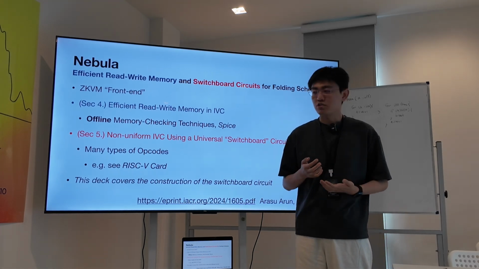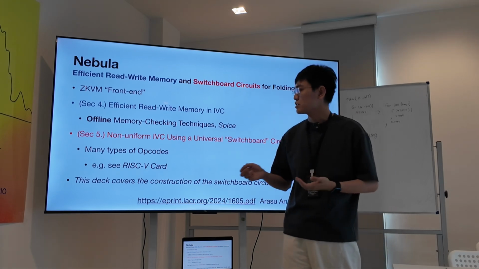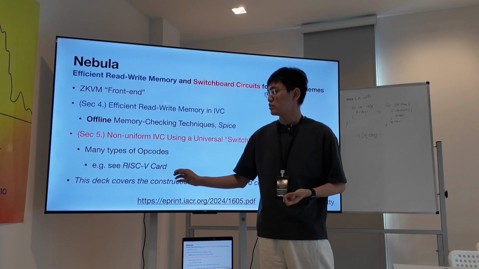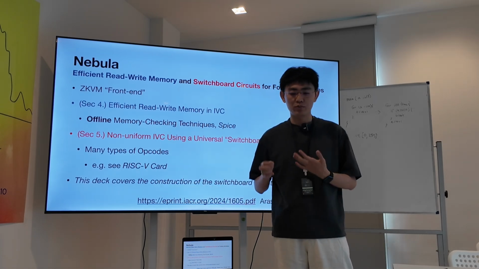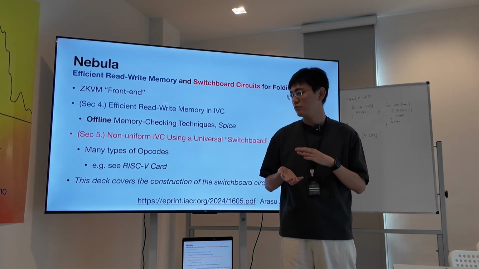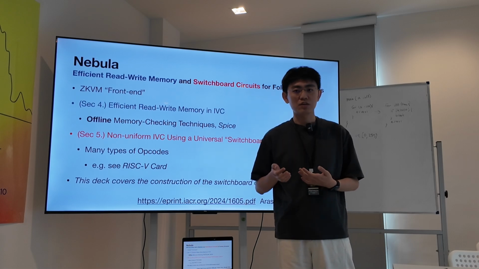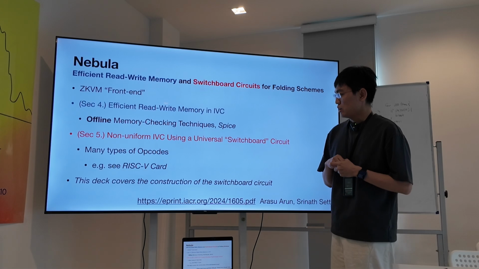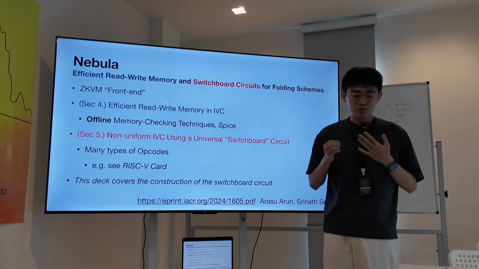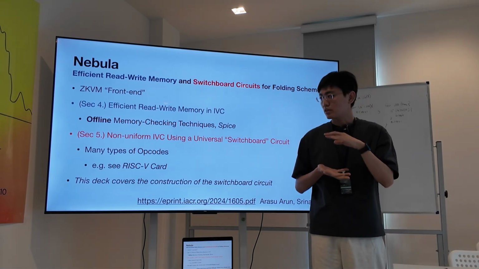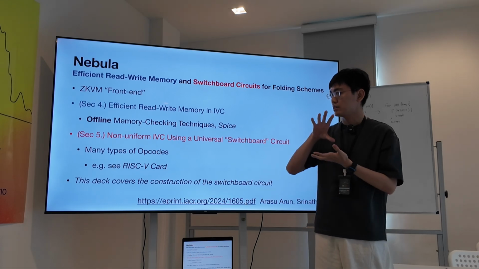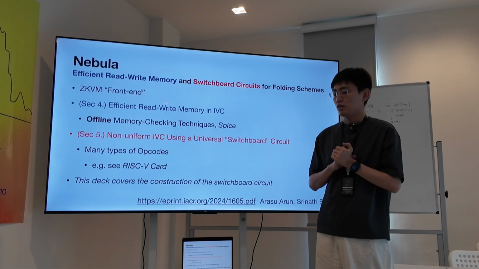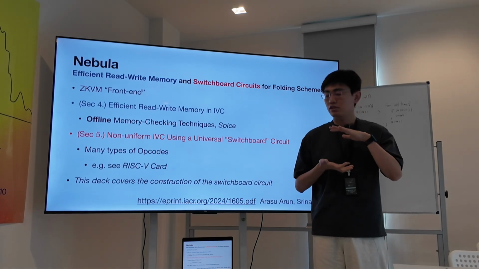So the pain point of designing JKVM circuits is that there are many types of opcodes. For example, if you have read the RISC-V cards, there will be like 50 to 60 types of opcodes in the ISA. So one of the problems is how to design a universal circuit that includes every kind of opcode, but with higher efficiency.